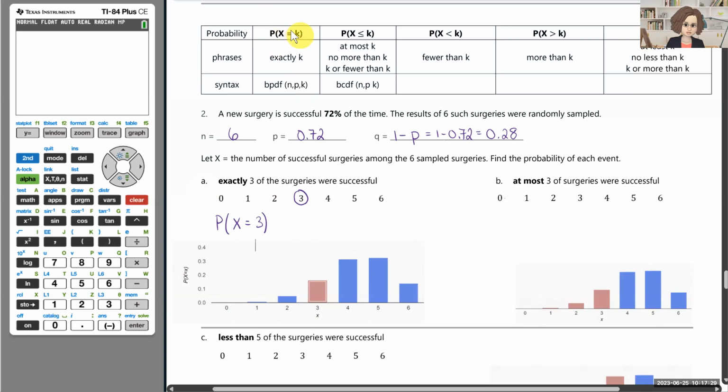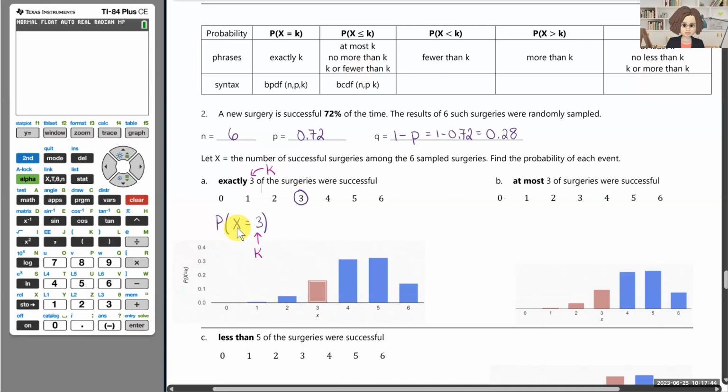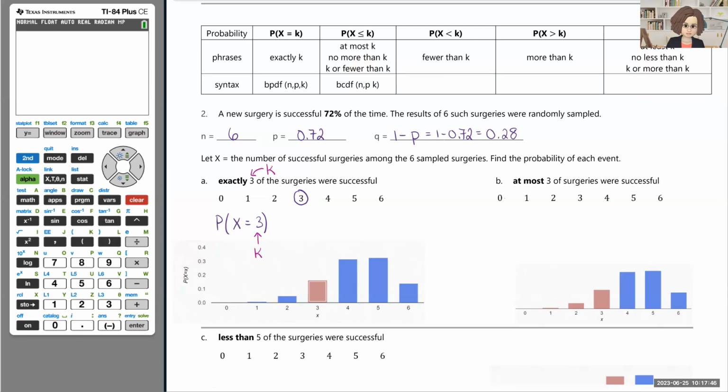And we're just using k here to represent whatever that number is in our problem. So that value is our k, just to have some formulas you can reference there. So in the exact case, this is when we do our binomial PDF. And we enter the n, the p, and then that value, in this case, k of 3.